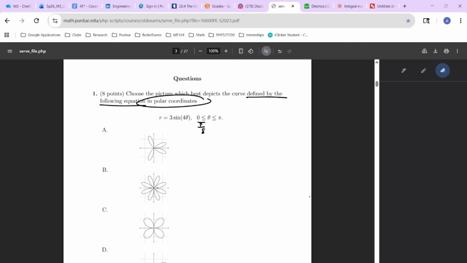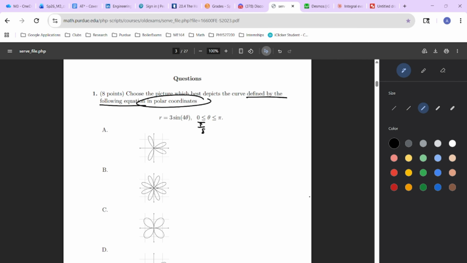I'm going to form a provisional table here where theta is in and r is out. We'll start with theta equal to 0. From that, we get 3 sin(0), which is equal to 0.